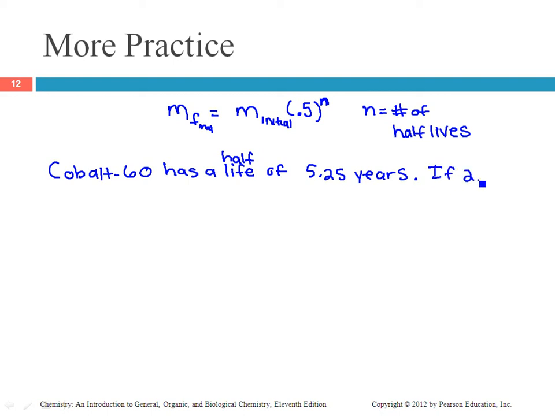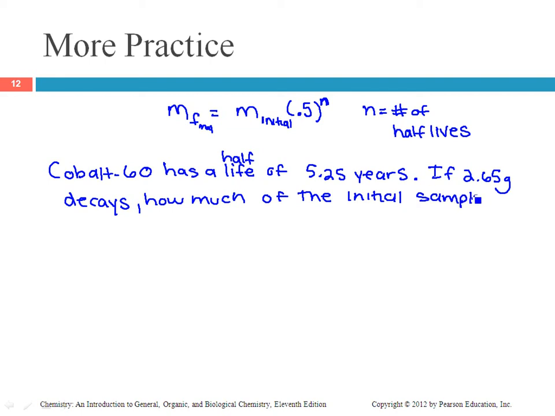If 2.65 grams decays, how much of the initial sample is present after 3 half-lives? Okay, that's going to be one of ours.